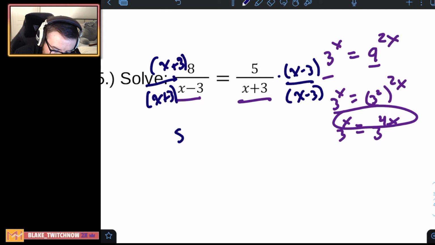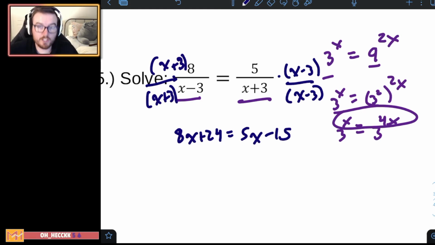So with that being said, that's 8x plus 24, and that's 5x minus 15. And notice I'm totally scrapping the denominators. I'm done. That is my equation.